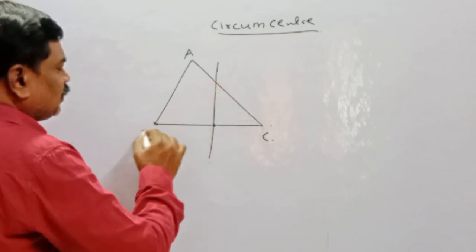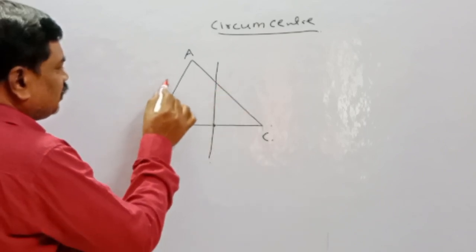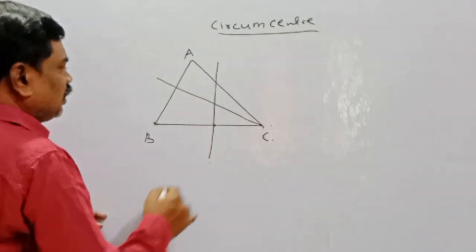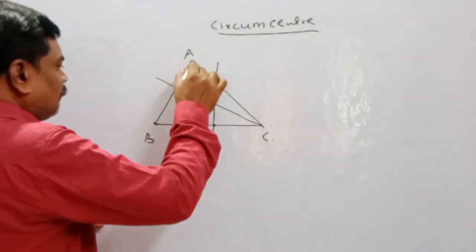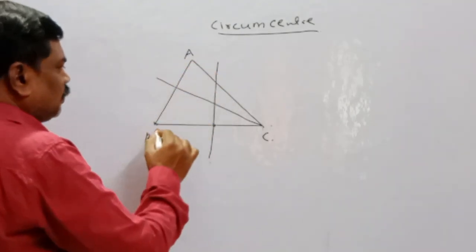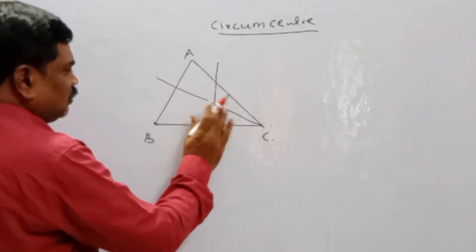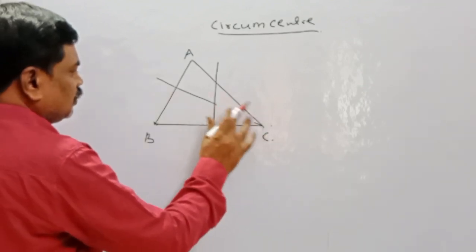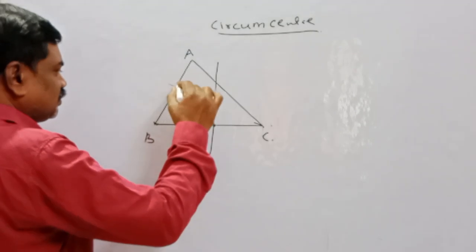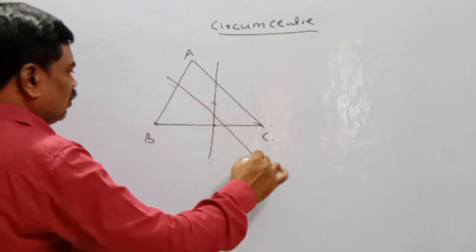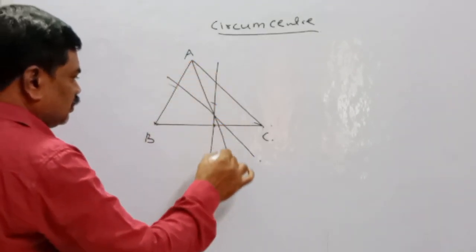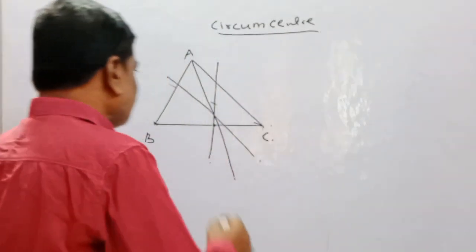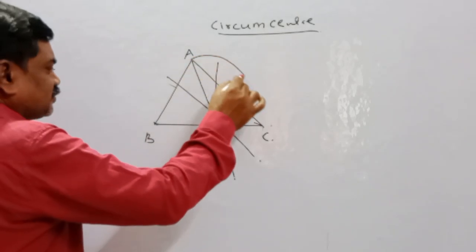This is one of the perpendicular bisectors of a triangle. The perpendicular bisectors are concurrent, and the concurrency point is called the circumcenter.